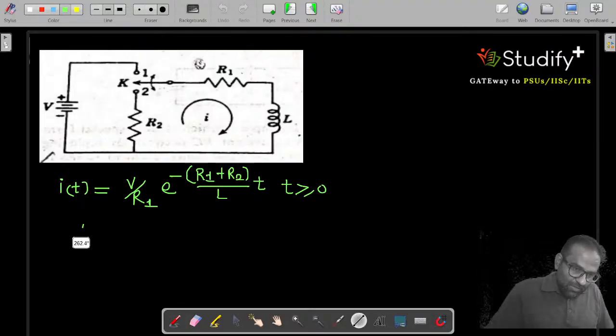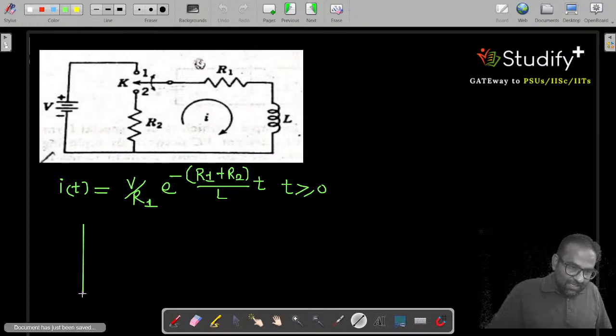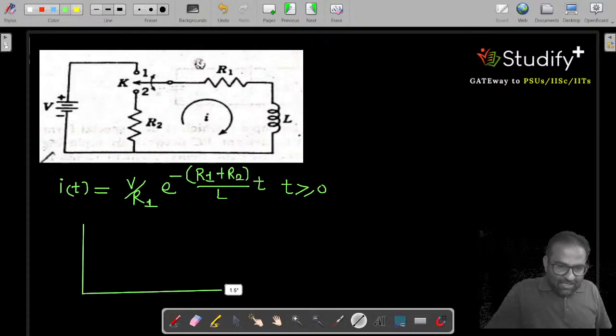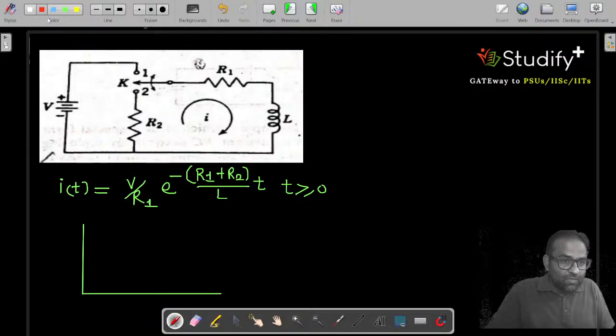So if I draw this with respect to time, this is very important. With respect to time, if I draw I(t) for t greater than 0, then how does it appear? It appears like this.